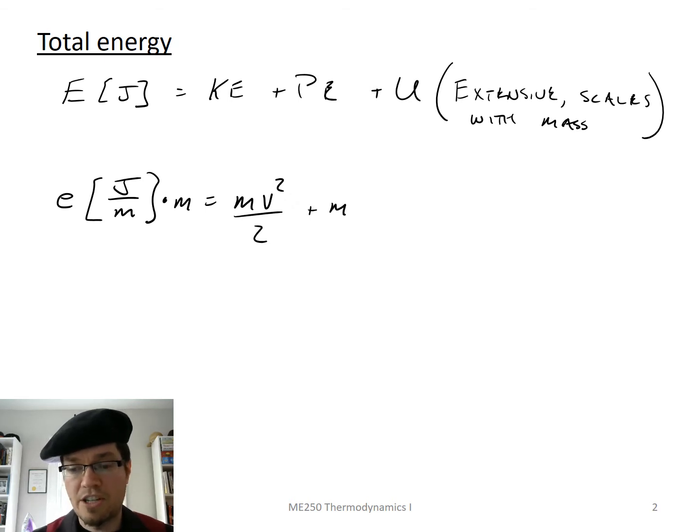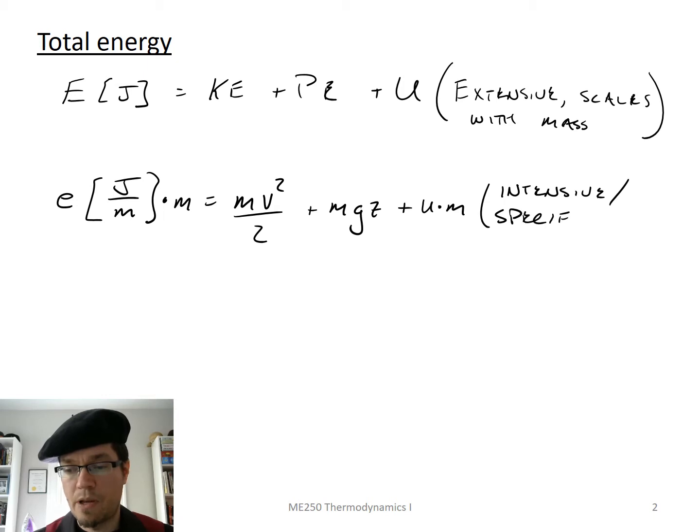Our potential energy is mgz, and our internal energy is specific internal energy, lowercase u, multiplied by m. So these are intensive or specific properties. More accurate to call them specific because we've taken an extensive property and divided through by mass. At that point we call it a specific kinetic energy, or a specific gravitational potential energy, or a specific internal energy, or a specific energy.